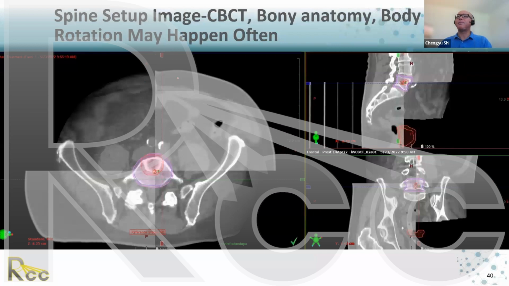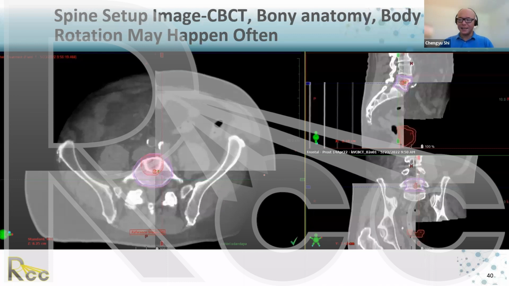And spine. The spinal cord definitely is the major concern, so you have to make sure the spinal cord area lands well. In certain cases, the patient may lose weight, or may have skin folding or something. If you can reset the patient and make sure the patient can adjust, that would be great.